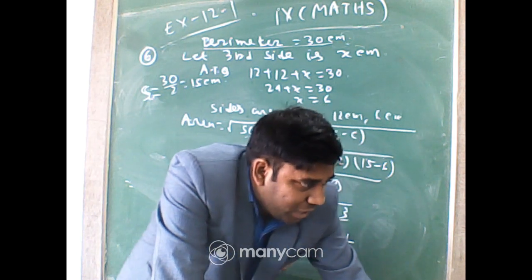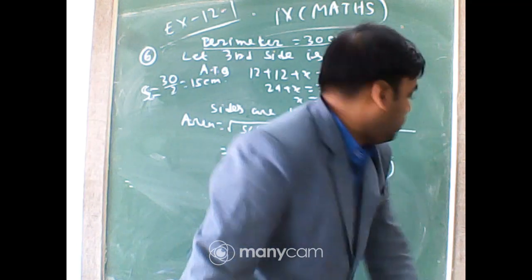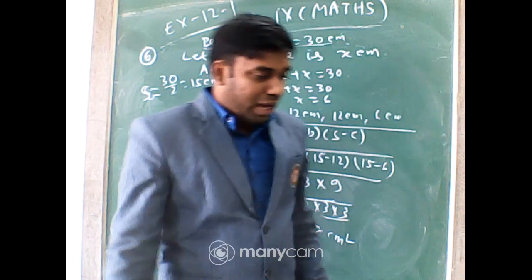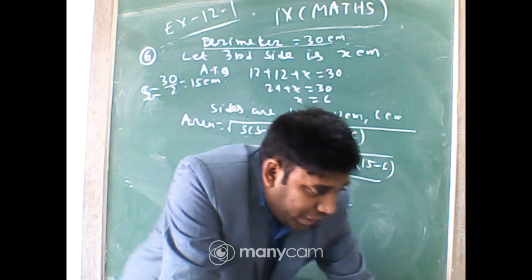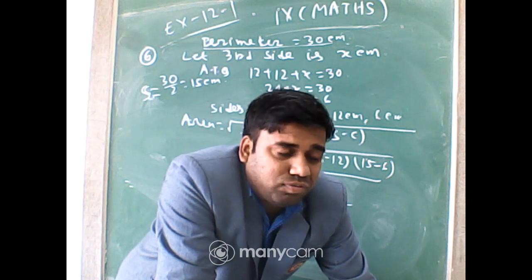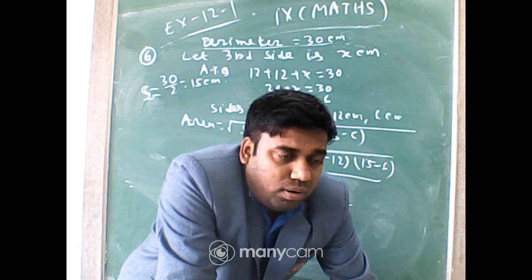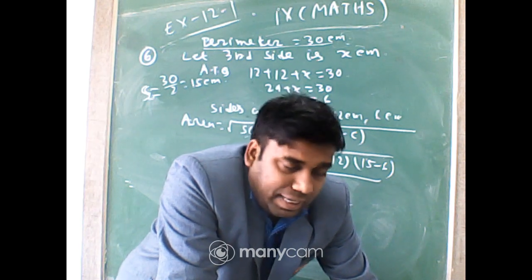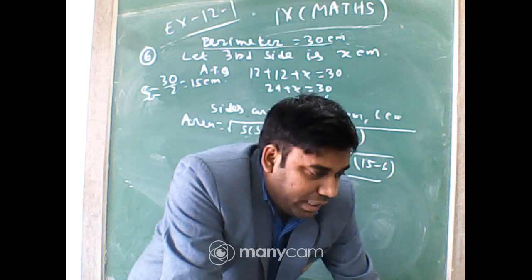Okay, so as we have the time, because already 3 minutes we have, 10 minutes we have. Now anyone can tell me what is the formula of area of equilateral triangle? Anyone?